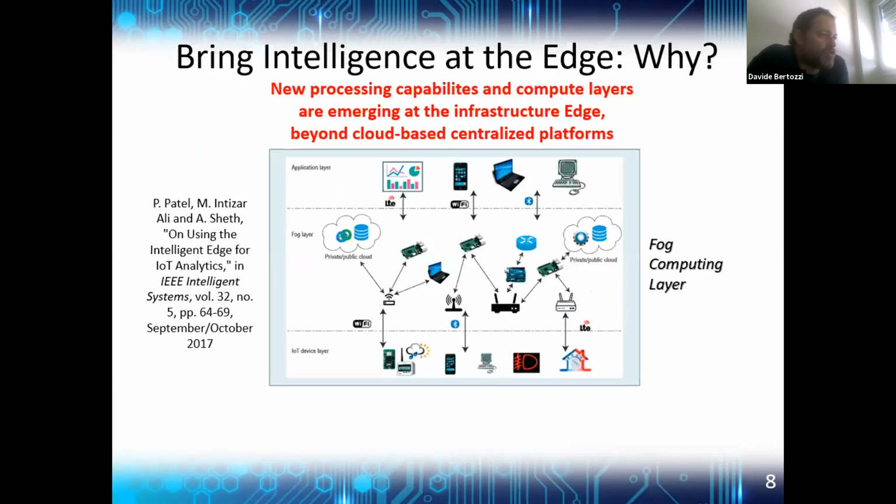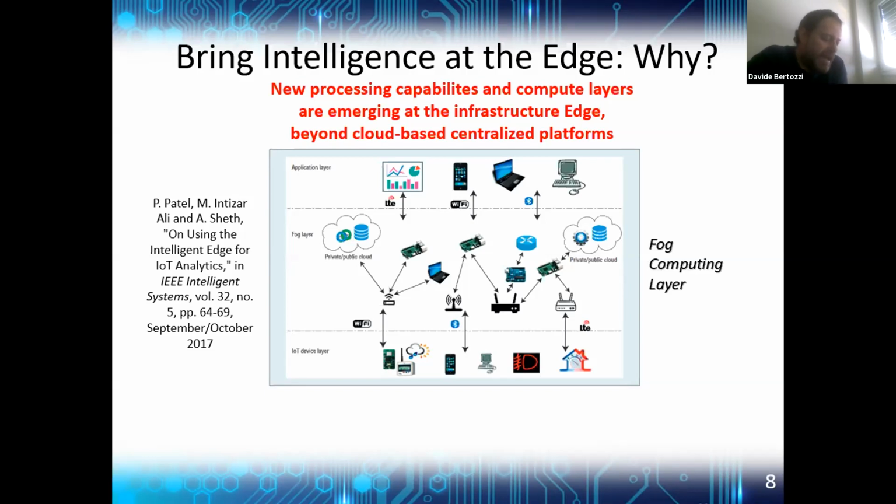However, a new trend is gaining momentum, which consists, as you can read from the title, of bringing some form of intelligence to the so-called infrastructure edge, that is, outside the cloud infrastructure. This trend is certainly pushed by the advances in IoT technologies and in embedded computing in general, which have made powerful sensing and actuating devices available with increasing compute power and storage capacity.